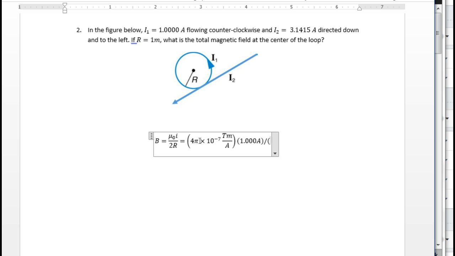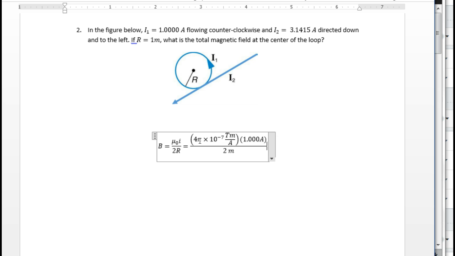R is 1 meter, so that's 2 meters. So the amps cancel out, the meters cancel out. We're left with Tesla, and this is coming up out of the page, so we're going to leave it as positive, right? Okay, 4 pi times 10 to the minus 7th times half. So 2 pi times 10 to the minus 7th.